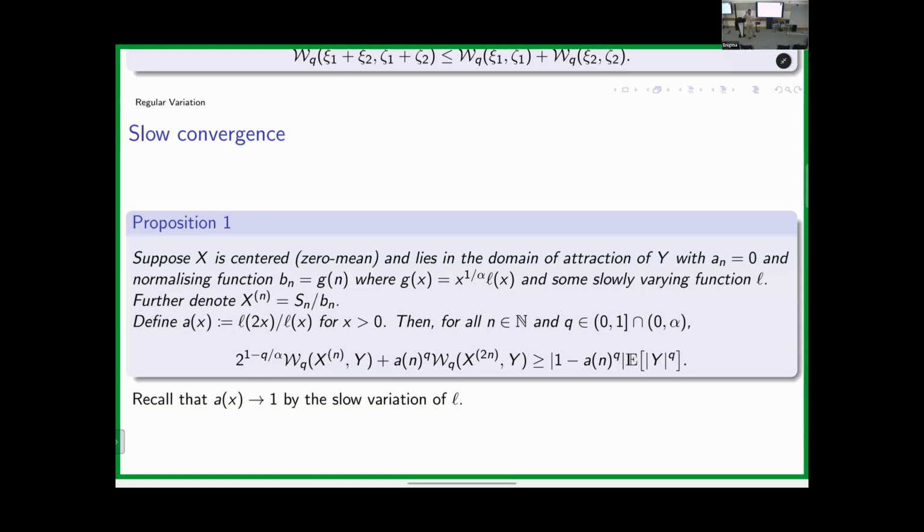Yes. What is special about the number two here in the proposition? Nothing special about number two, because you can replace two by three, or by four, or by C, for any C. You can put the integer part of C, of course. Yeah, you see the proofs are nothing.